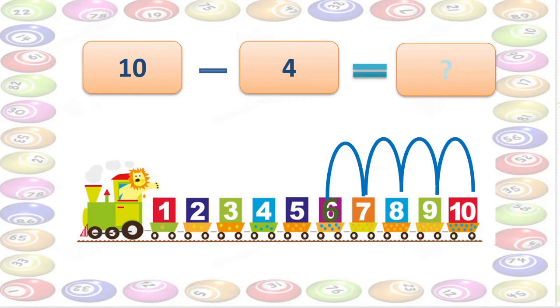Number 6. Right? 6 is our answer. Isn't it easy? Yes. We have to come back by 4 steps in this method because 10 minus 4 is given. So we got the answer 6.